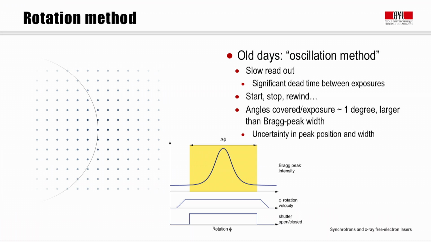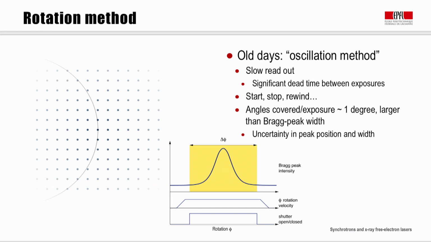In the old days, a crystal would be rotated and an exposure recorded over a certain angular range of the order of a degree. Any Bragg peak crossing the Ewald sphere during the exposure would be recorded. Exactly where these Bragg peaks lay within that angular range was normally lost, while whether they were intense and sharp or broad but weaker was also ambiguous.